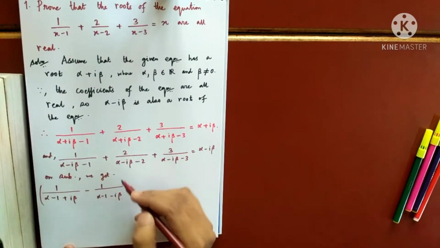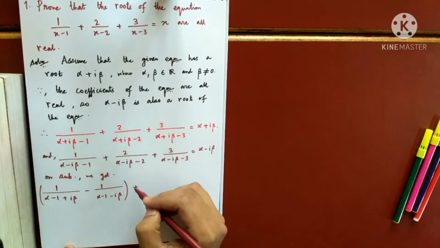So this is the first part, plus this minus this, taking 2 common.